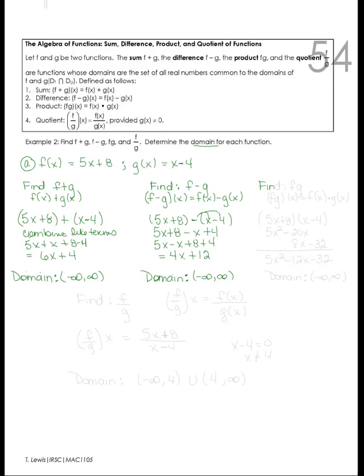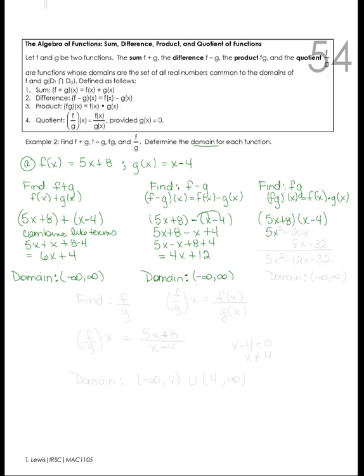Next one, we want to find f times g. fg of x, you're saying f of x times g of x, so we're going to multiply. We have here 5x plus 8 times x minus 4, where we're going to FOIL. Let's distribute the 5x.